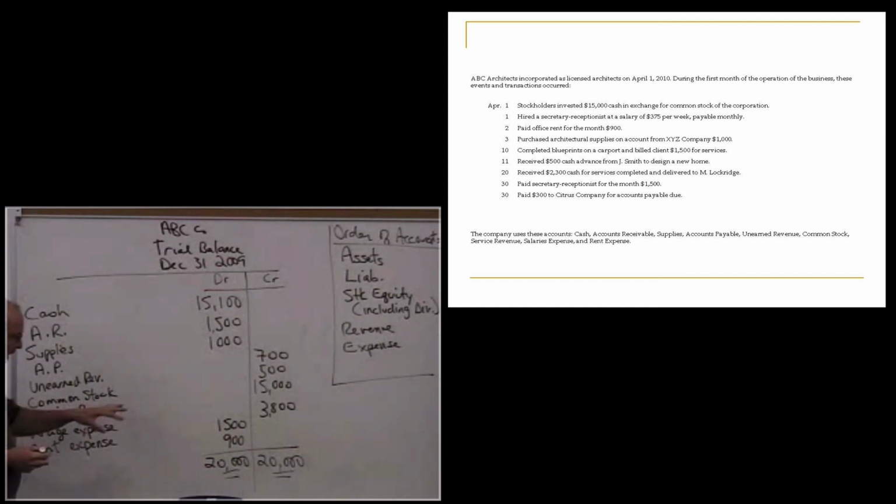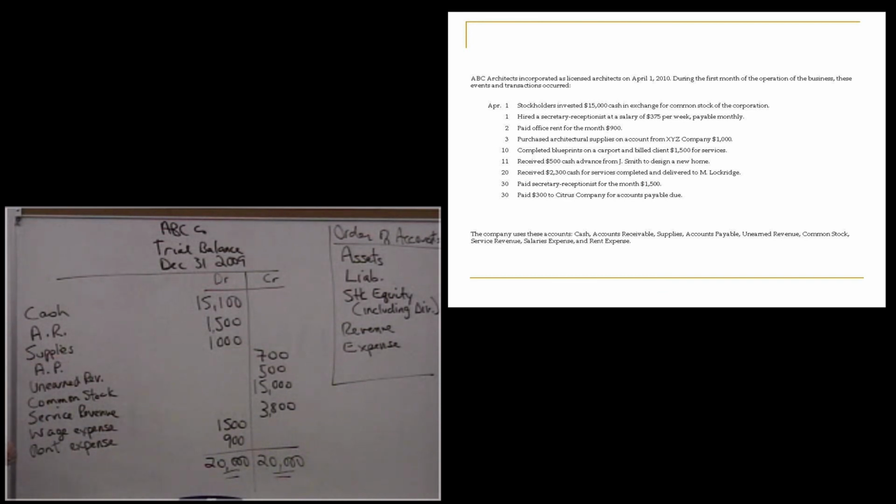Okay, but the trial balance is still important to see that debits equal credits. And if the debits equal credits and we look it over and everything looks pretty well, notice that we listed our assets, then liabilities, equity, revenues, and expenses.